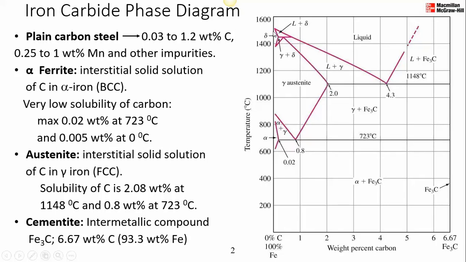If you remember, BCC iron exists between 1394 degrees Celsius up to the melting point of iron at 1538 degrees Celsius. Delta can dissolve up to 0.09 weight% carbon at a temperature of 1495 degrees Celsius.